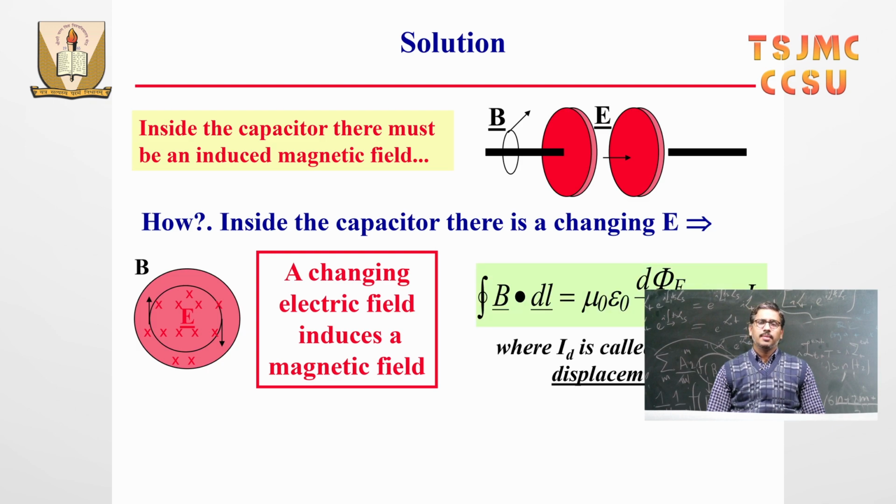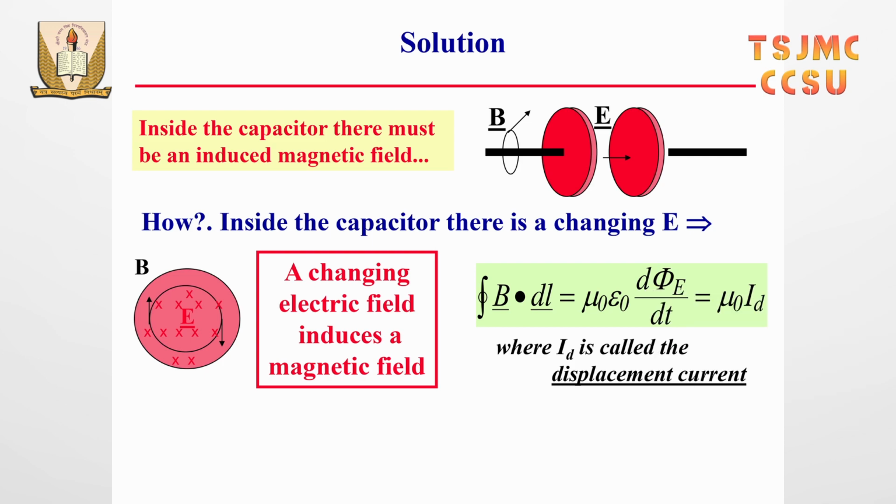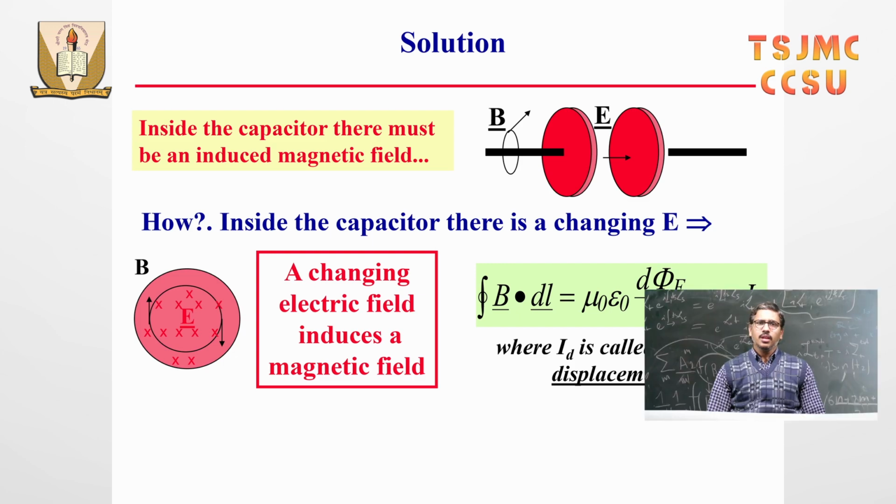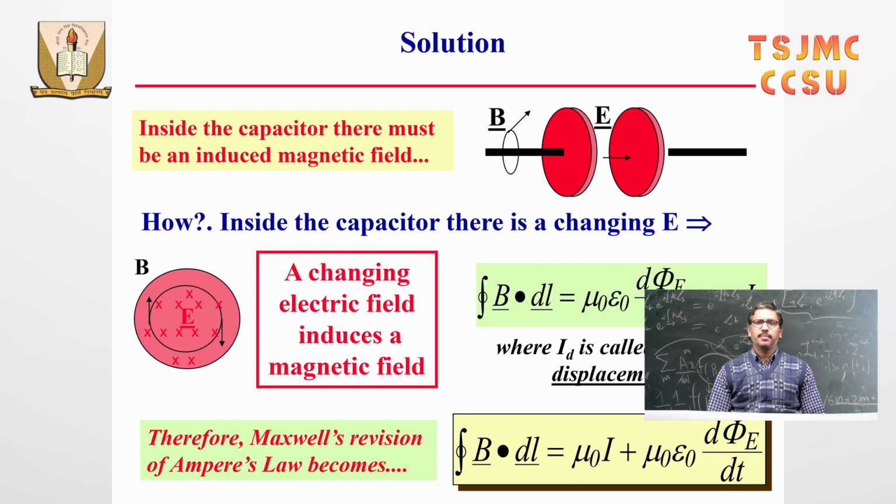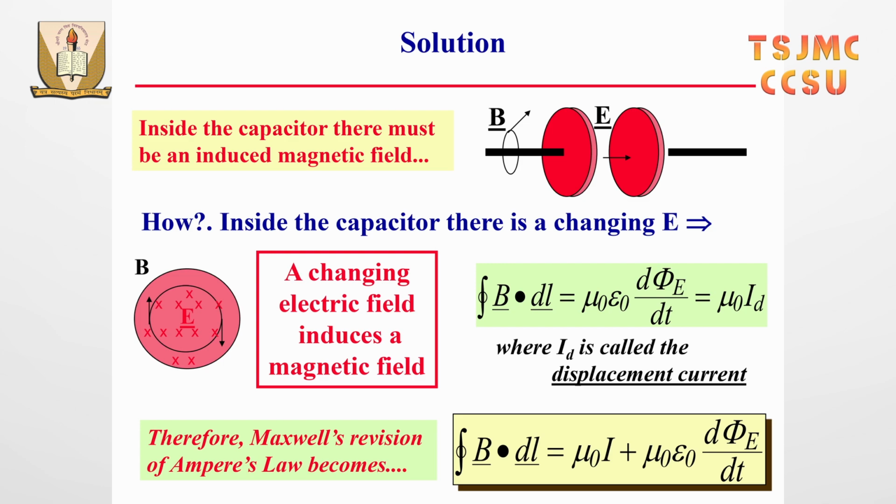Maxwell modified the equation by adding mu 0 epsilon naught d phi E upon dt, where this term is called the displacement current, I d. The fourth equation was modified by Maxwell, and you get integration B dot dl equal to mu 0 I plus mu 0 epsilon naught d phi E upon dt, which means a changing electric field produces a magnetic field.